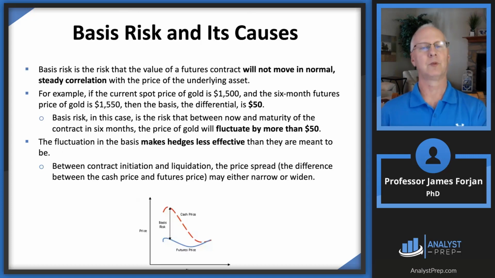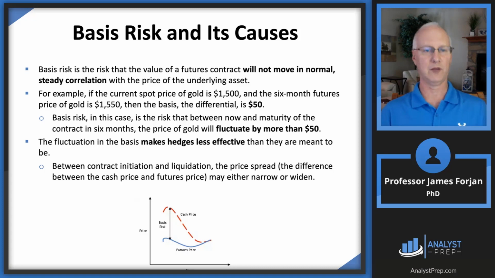How about basis risk? We talked about the basis in previous chapter 5 as being the difference between the spot price, or on this slide I have cash price, the spot price, and the futures price. So if we have a current spot price of gold of $1,500 and the 6-month futures price is $1,550, then the basis is $50.